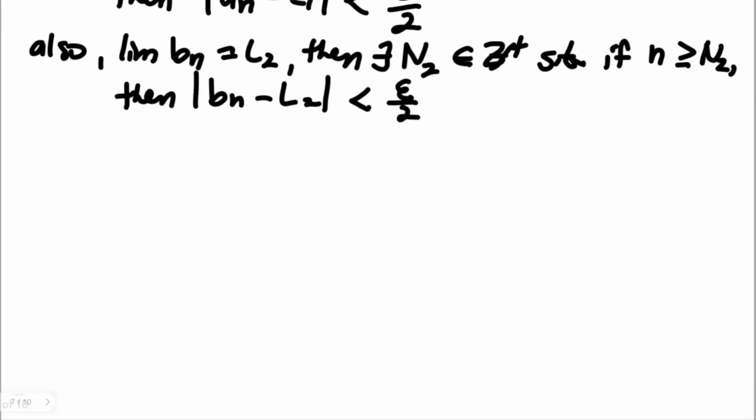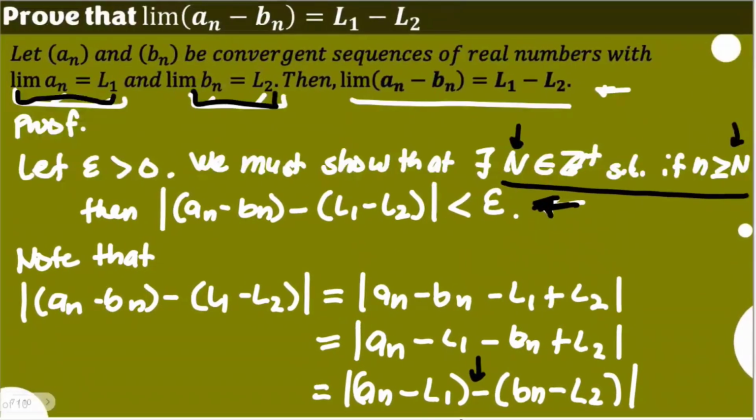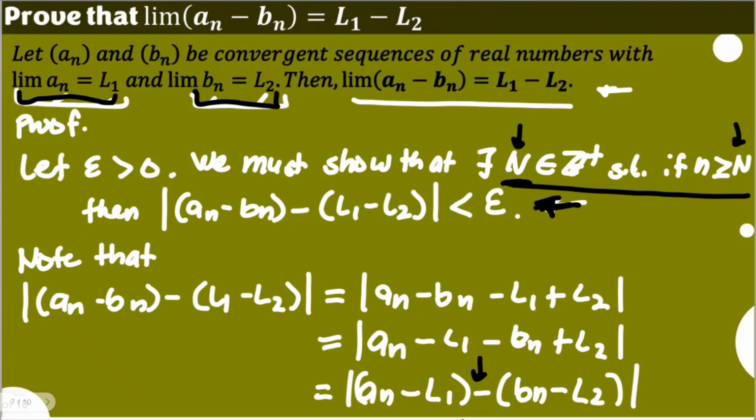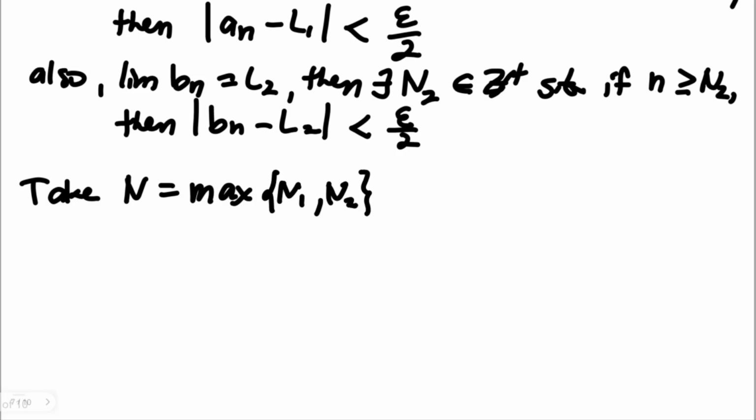Okay, so after that, since we are looking for n, there exists n, not n sub 1 and n sub 2, let's also make some descriptions on our n. Take n to be the maximum of your n sub 1 and n sub 2. Why do we use maximum?